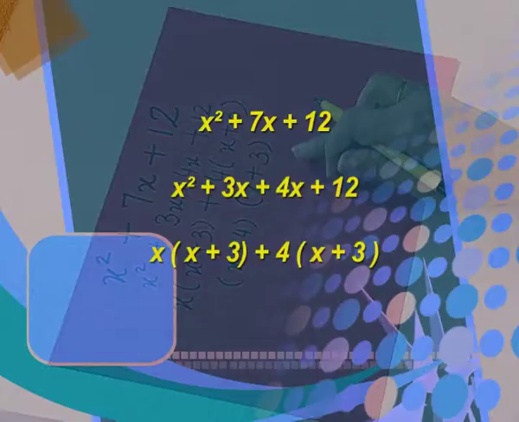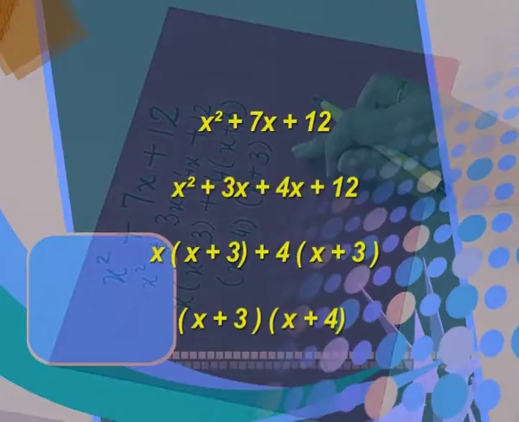Thus, we get the factors of the given polynomial x square plus 7x plus 12 as x plus 4 and x plus 3. These are also the sides of the given rectangle.